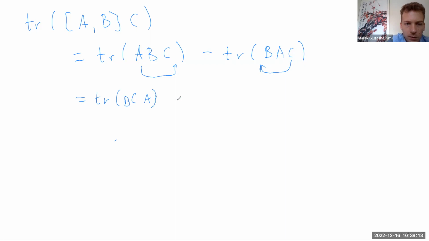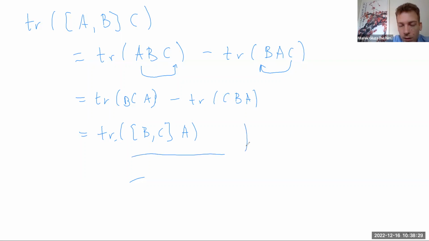BCA and close here minus trace CBA, which means that I get trace commutator B with C and A. So now this I will call trace induced cyclicity, because I used cyclicity of the trace and I got some sort of cyclicity of which operators are commuting with each other.